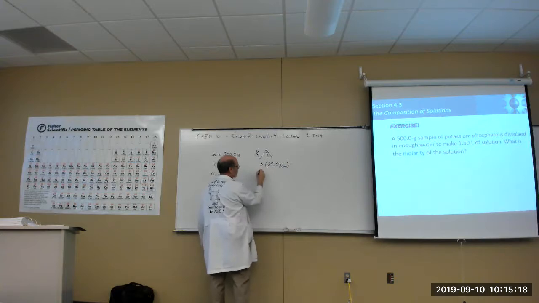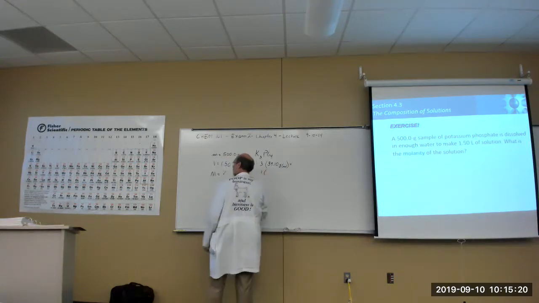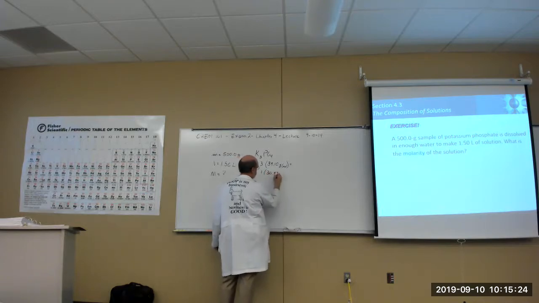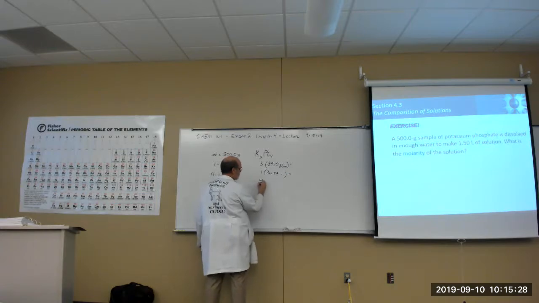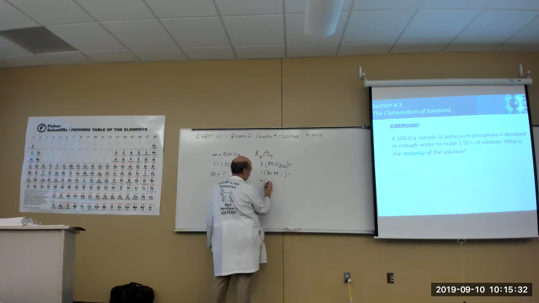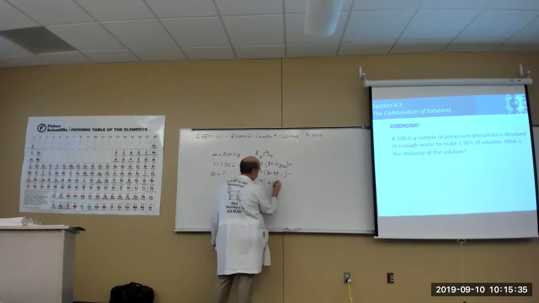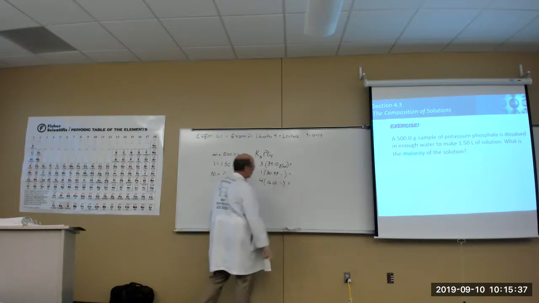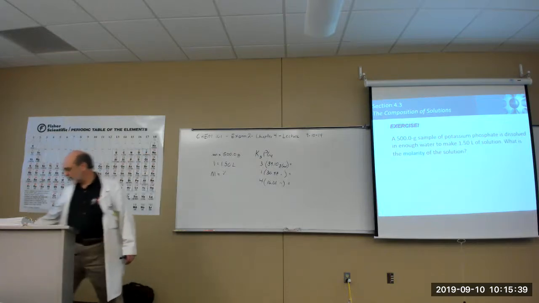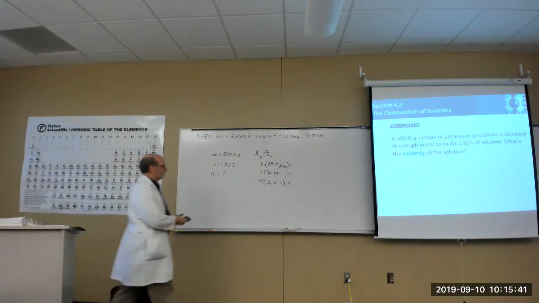And then phosphorus is 30.97. And then oxygen, we need 4 of them, right? 1 of these, 3 of these, 4 of those. Oxygen is 16, rounded to 2 decimal places. So now we can find out what each one of those is and add them all up.